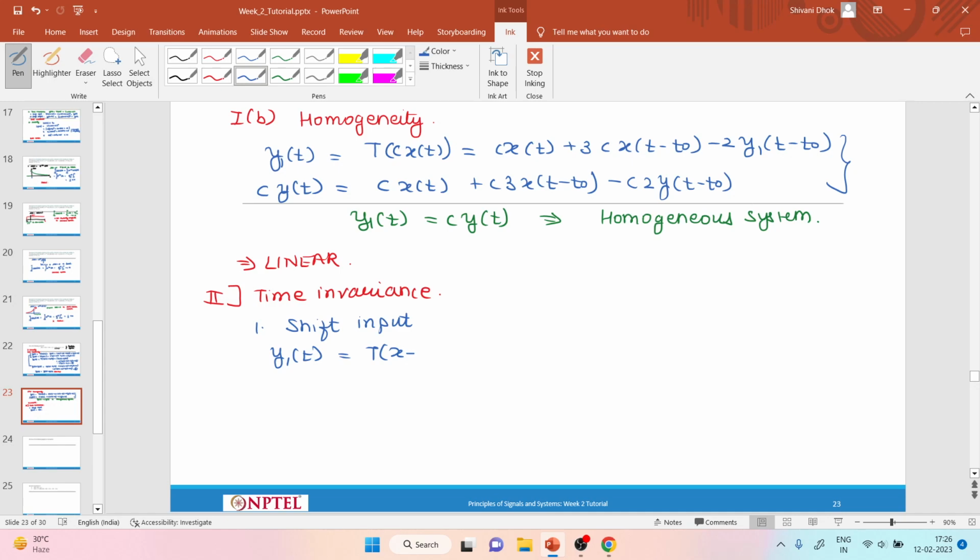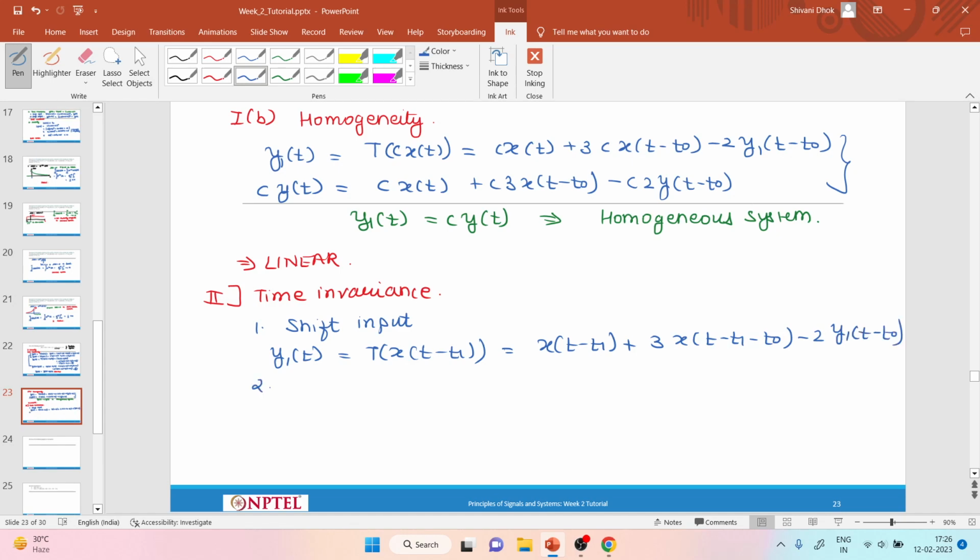It is x of t minus t1. So this is equal to x of t minus t1 plus 3 times x of t minus t1 minus t naught minus 2 times y1 of t minus t naught.